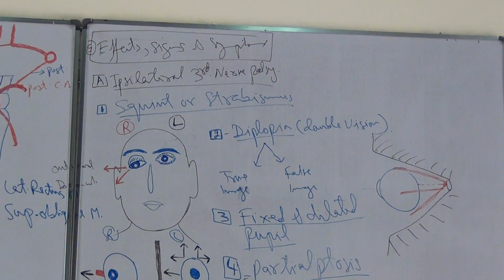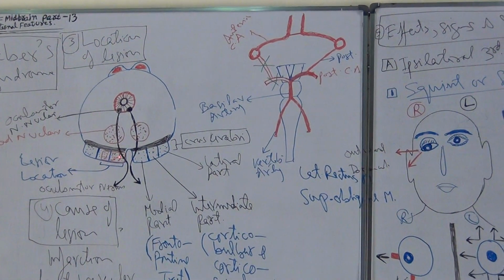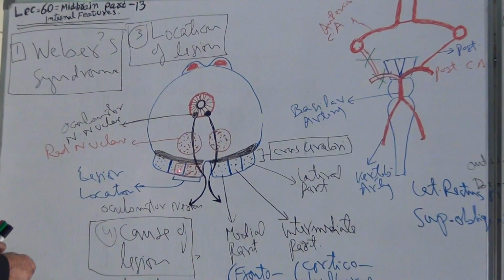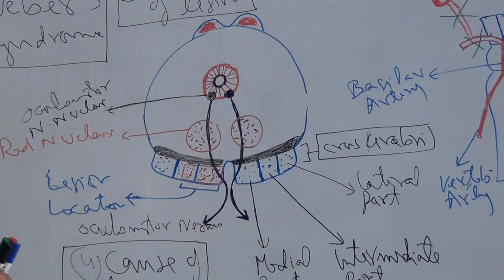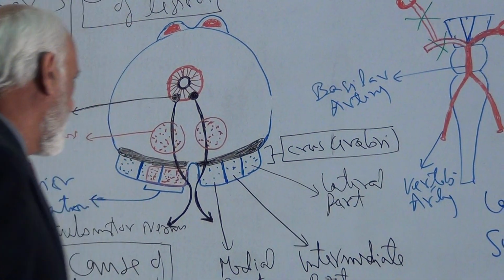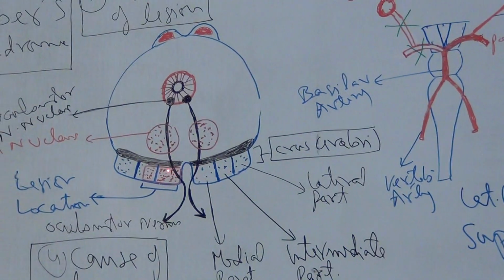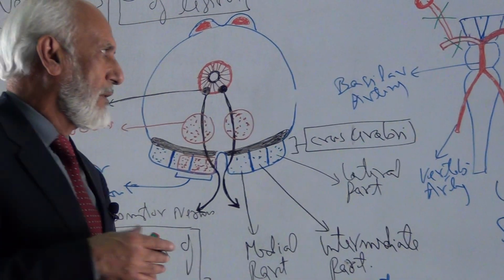And the second is the involvement or damage to the medial part of the crus cerebri and adjoining part of the intermediate portion of the crus cerebri, where descending tracts are involved. And what are those descending tracts? Frontopontine fibers in the medial part of the crus cerebri, and second here the corticospinal and corticobulbar tracts which are involved.